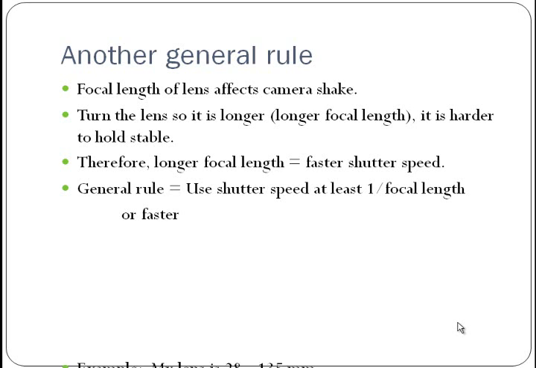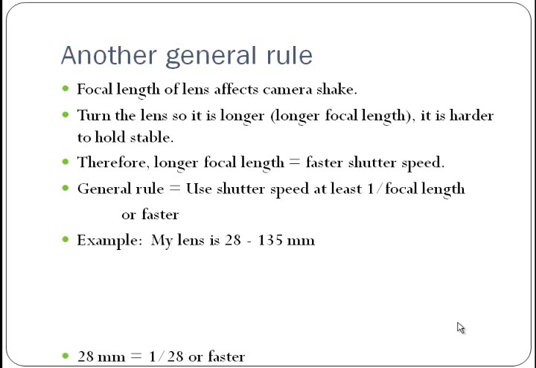So let's look at an example of my lens. My lens has a focal length of 28 to 135. So at 28, my lens is not zoomed in at all. It's all the way back.